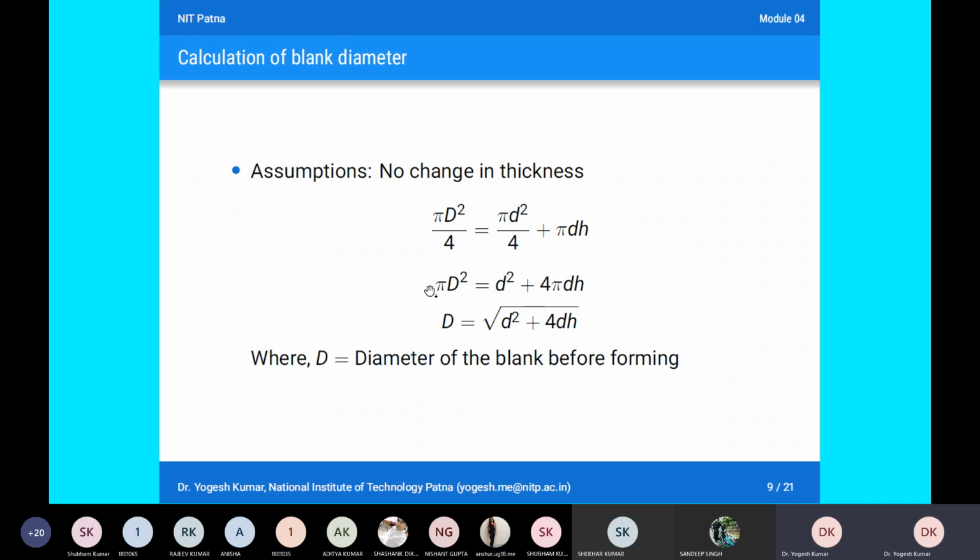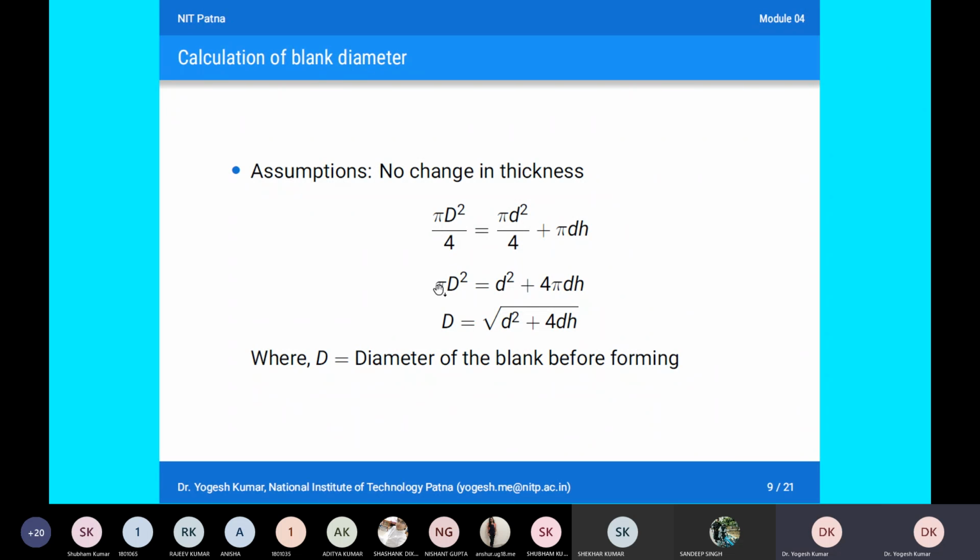Which ultimately results in, this is a typo mistake, this is not pi, capital D square equal to small d square plus 4 d h. And finally, we can get the diameter of your blank, which is the square root of small d square plus 4 d h.